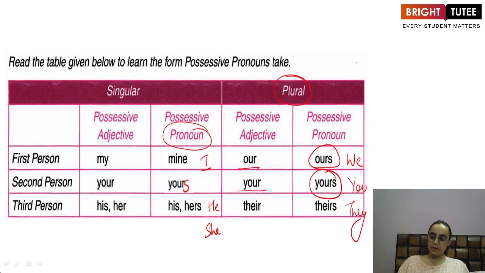And they becomes theirs as a possessive pronoun and their as a possessive adjective. All right. So this is the table that we need to learn on how to use the possessive adjectives and how to use the possessive pronouns.